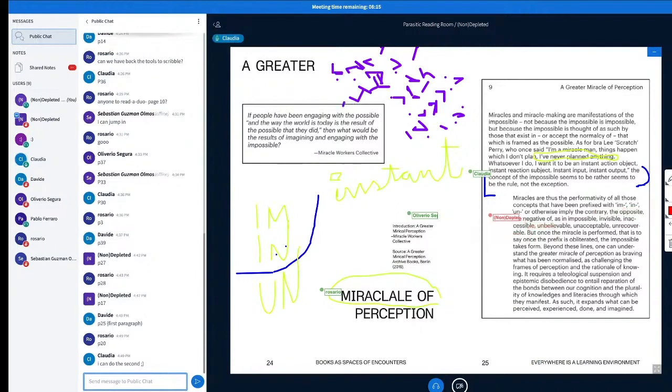Beyond these lines, one can understand the greater miracle of perception as braving what has been normalized, as challenging the frames of perception and the rationale of knowing. It requires a teleological suspension and epistemic disobedience, entailing reparation of the bonds between cognition and the plurality of knowledge and literacies through which it may manifest. As such, it expands what can be perceived, experienced, done, and imagined.